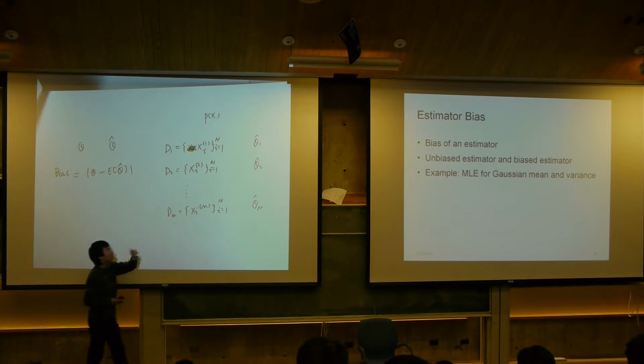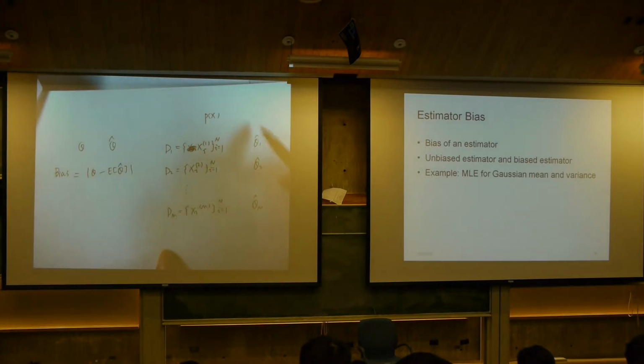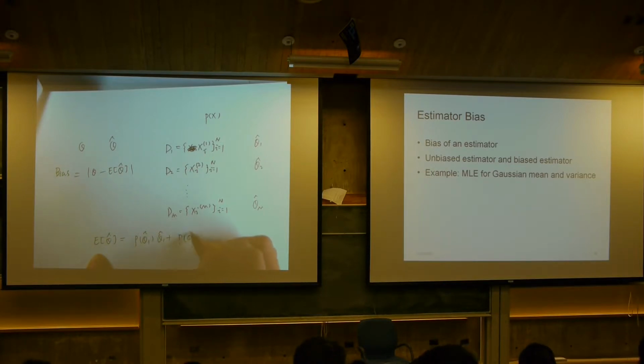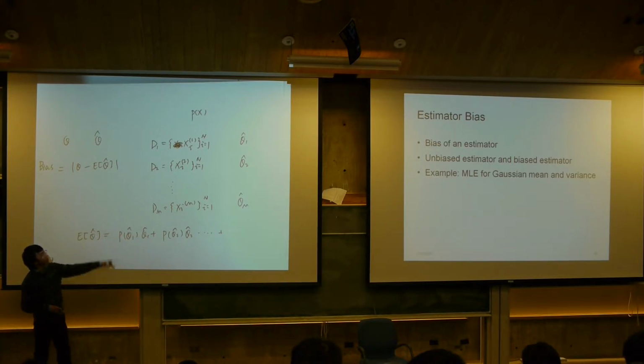Now we can define our expectation of this estimator, because each of these estimators, theta 1 hat, theta 2 hat, theta m hat, has a probability. Because it is an expectation, m must be infinity, which means that you draw infinitely many batches of samples. For each batch, estimate a value, and plugging it in here, you get the expectation.